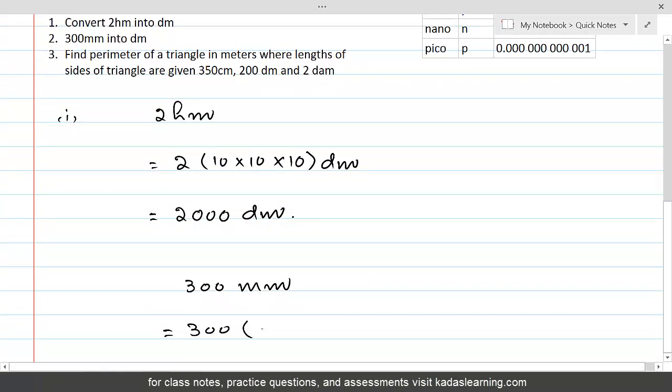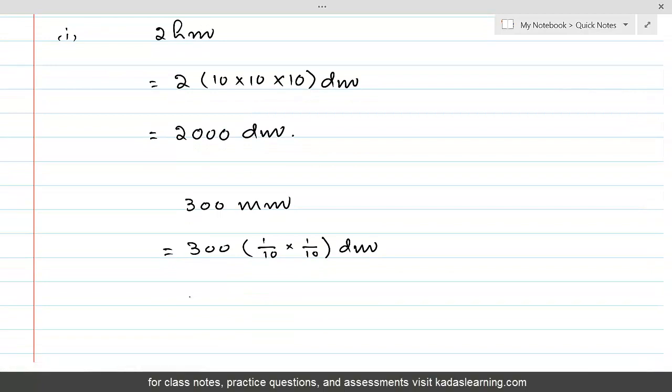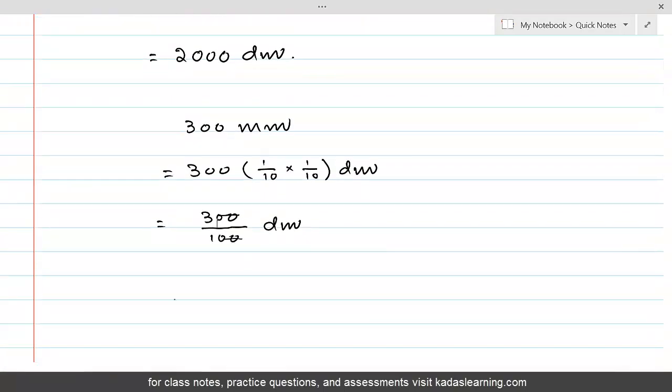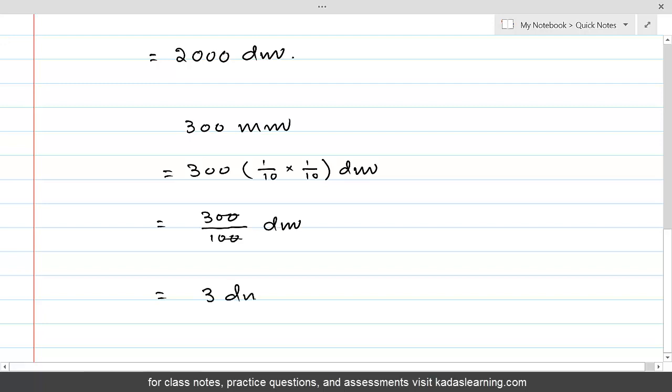So 300, one time we divide by 10 and another time we divide by 10. So we divide by 10 two times, and the result would be in decimeters. Therefore, we will have 300 over 100 decimeters, and these two zeros will cancel with these two zeros, and our answer will be 3 decimeters.